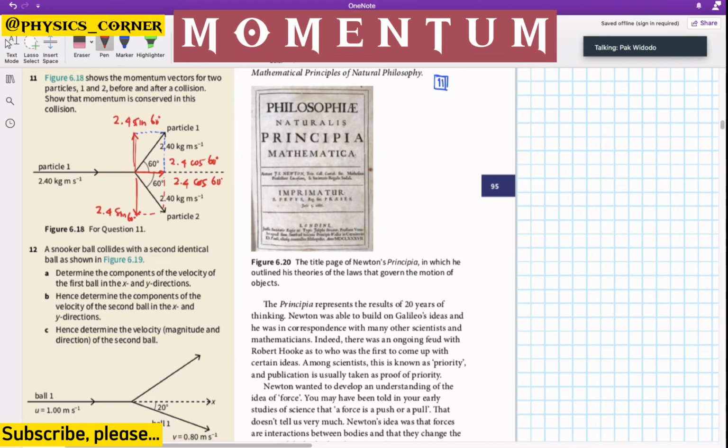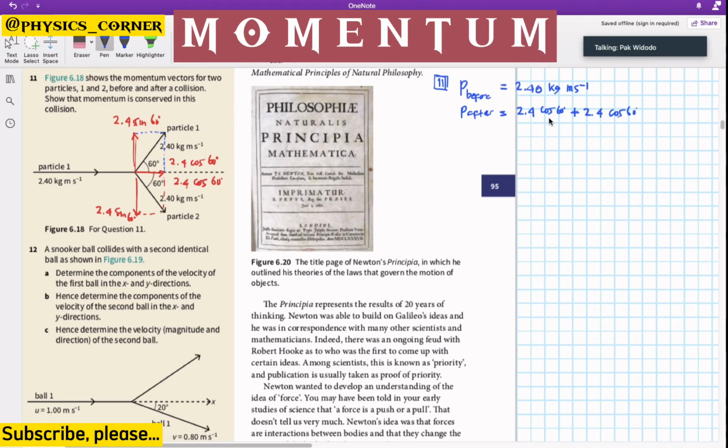Actually on the x direction, momentum before is 2.40 kilogram meter second minus 1, and momentum after on the x is 2.4 cos 60 plus 2.4 cos 60.